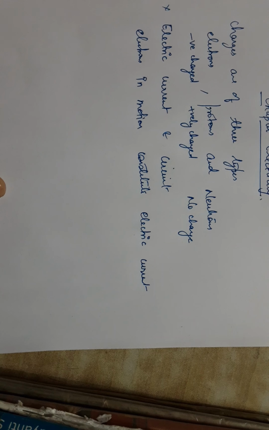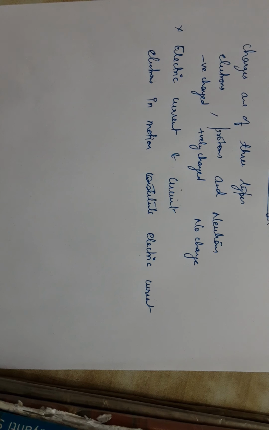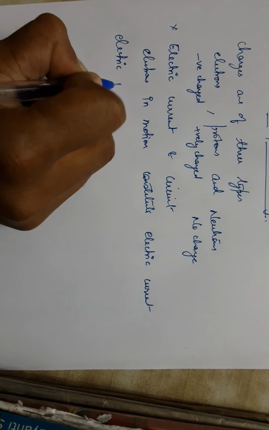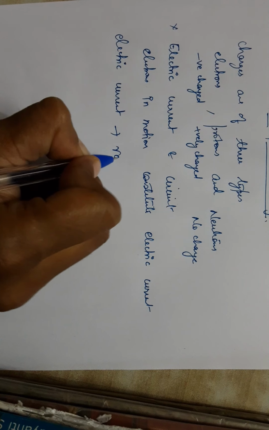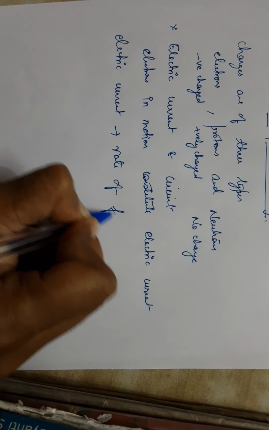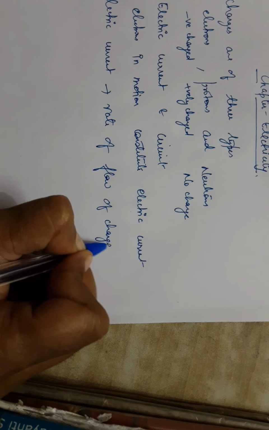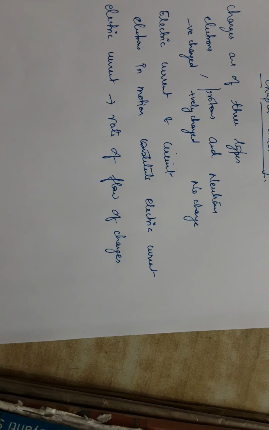Out of them, electrons are the ones responsible for the flow of current in an electric circuit. Thus, electric current is basically defined as rate of flow of electric charges. When electric charges, negative charges, flow in a circuit, this is called electric current.